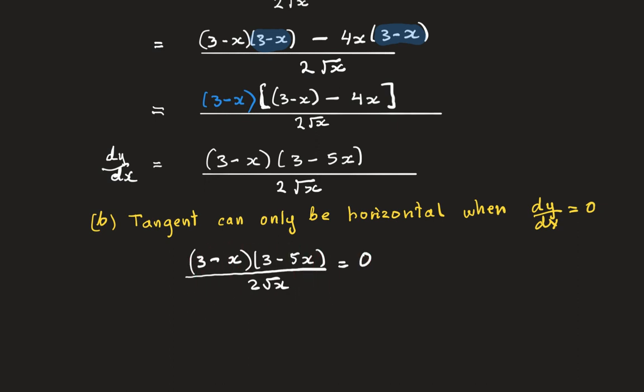In other words, only if 3 minus x is 0 or 3 minus 5x is 0. That will mean that x has to be 3, or on this side, x has to be 3/5.